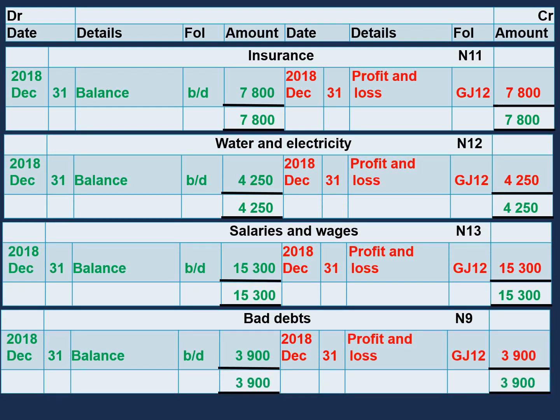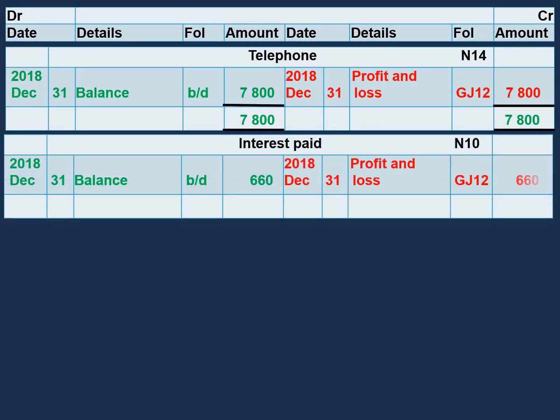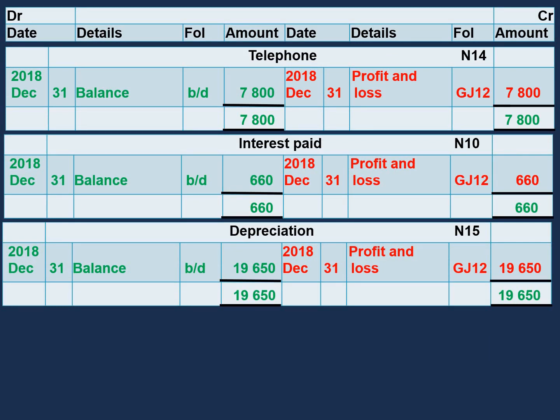The description, however, will be profit and loss. Let's move on to the following three expenses. The last three expenses are the telephone account, the interest paid account, and the depreciation account. So for all of these accounts, we will close off to the credit side, and the description in the details column will be profit and loss.